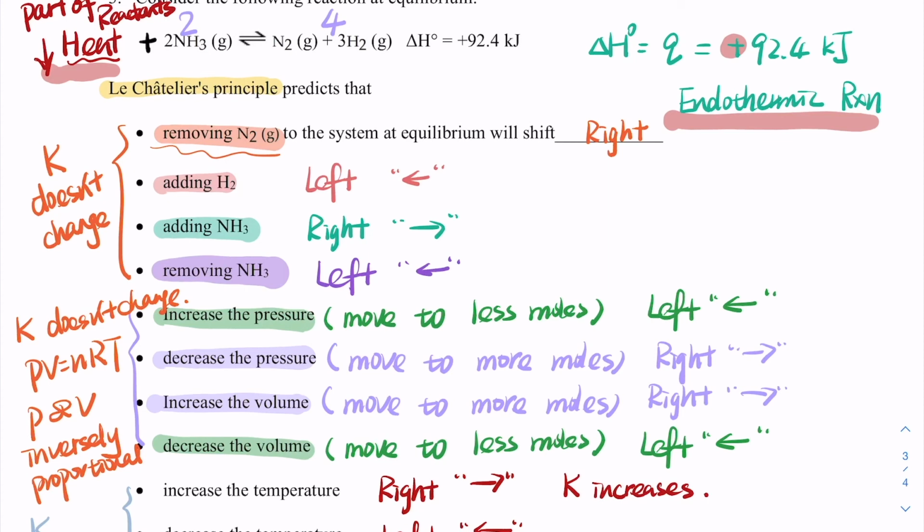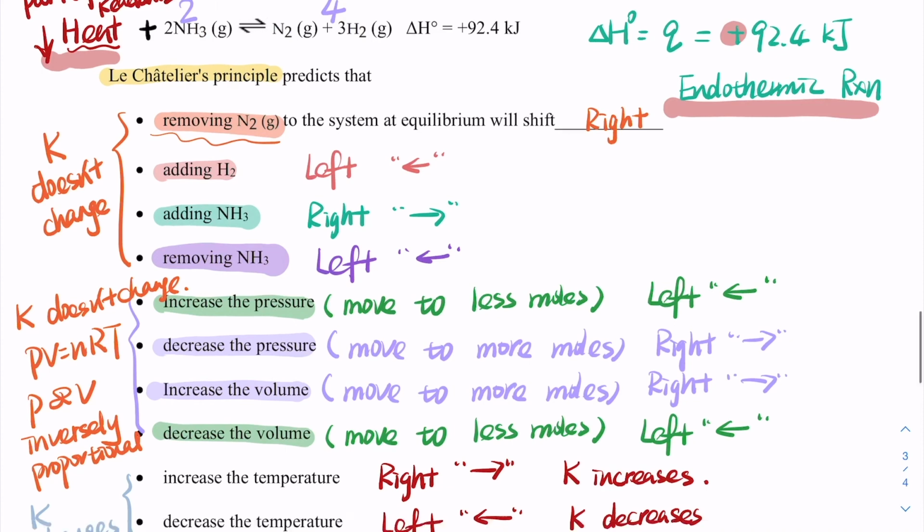The equilibrium now lies far towards the reactant side, and that means K decreases. So that's what we have for changing the temperature.